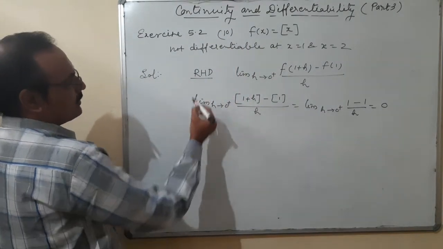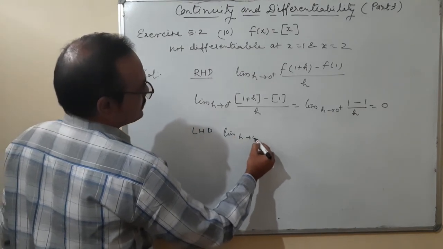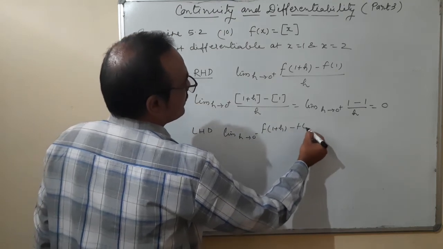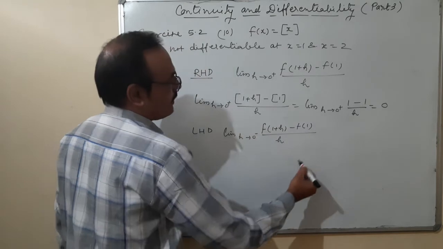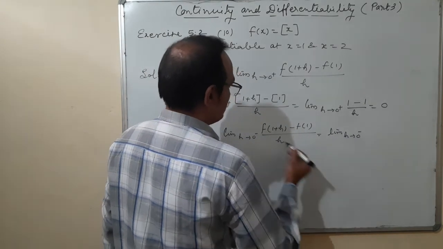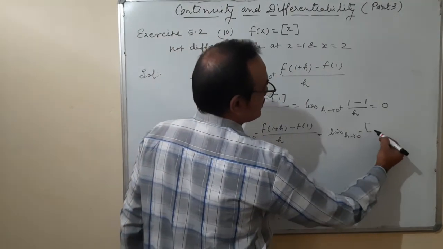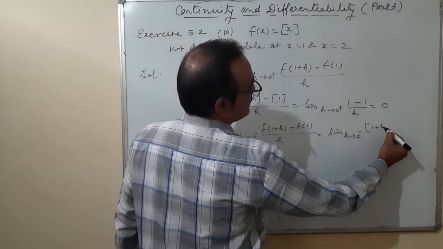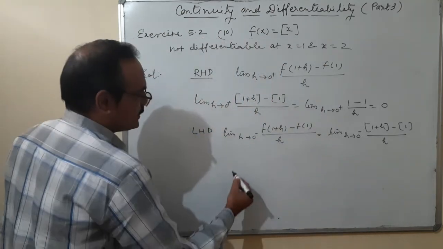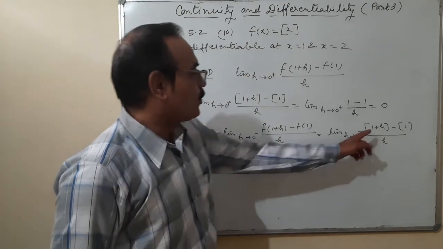Now LHD, left hand derivative. Limit h tends to 0 minus f of 1 plus h minus f of 1 upon h. It means f of 1 plus h is the greatest integer function of 1 plus h, minus 1 upon h. Now let us see, limit h tends to 0 minus 1 plus h.